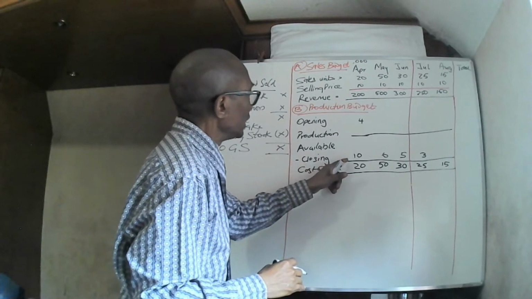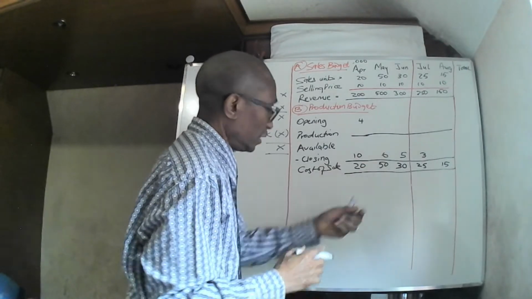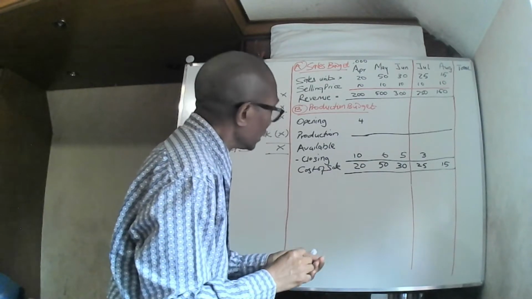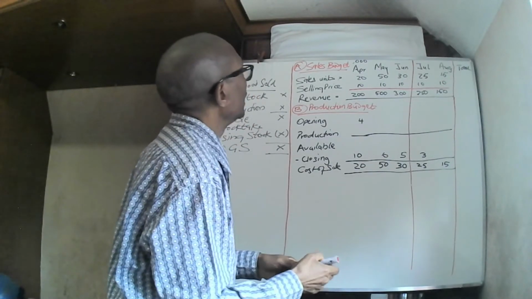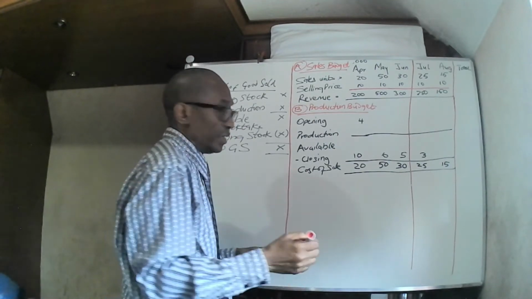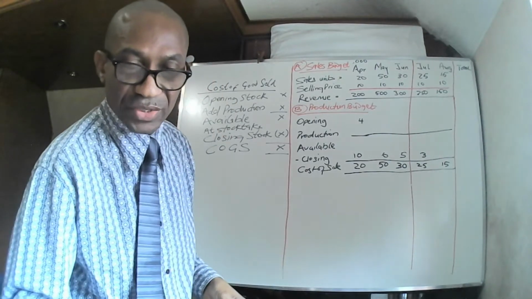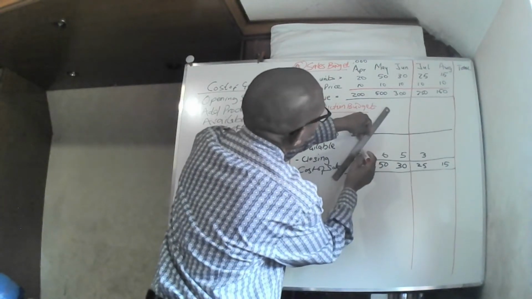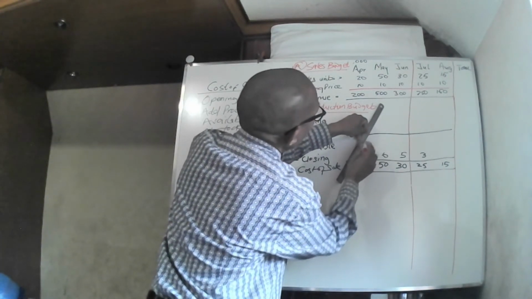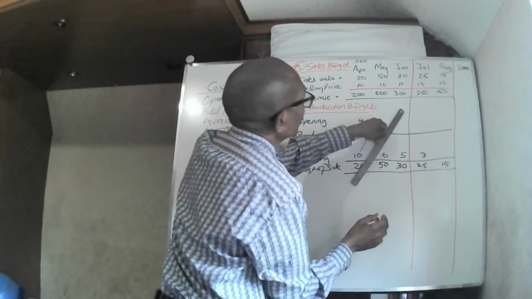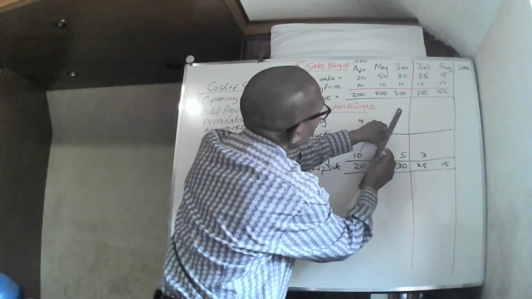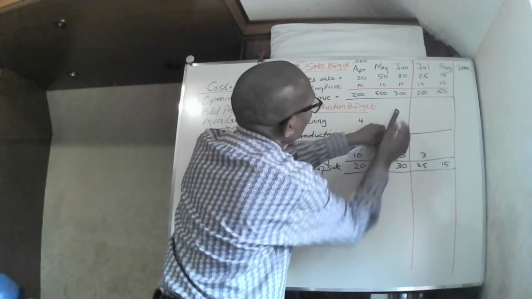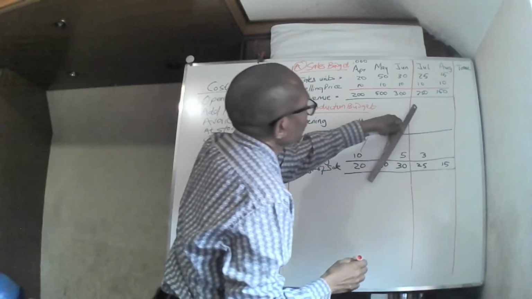Now I've gotten closing. My closing this period in April will be my opening for May. So I will send it straight to May. This will go straight to June as opening. Okay, and this will go straight to July.